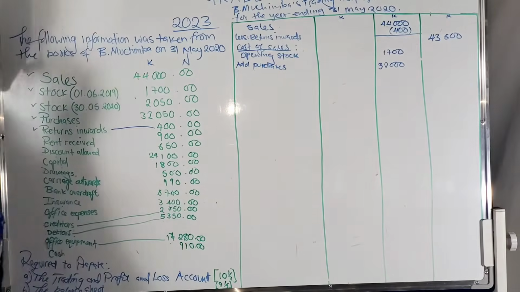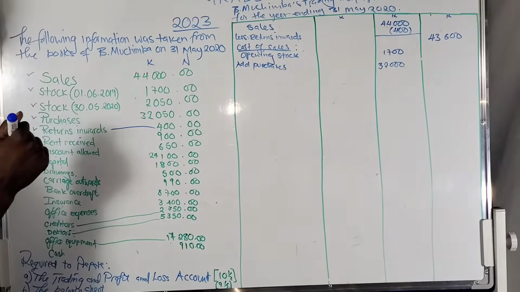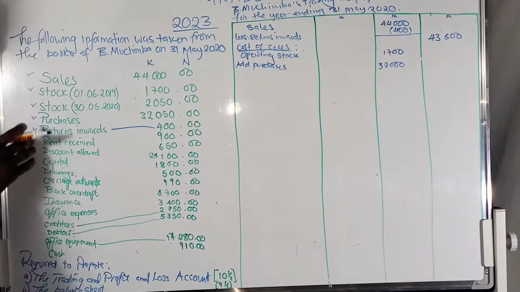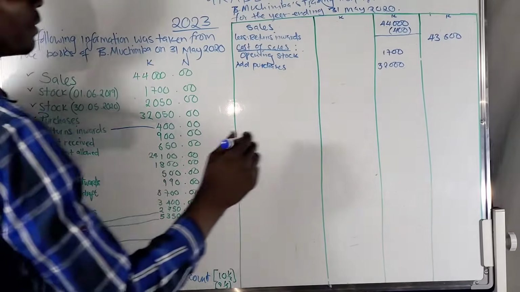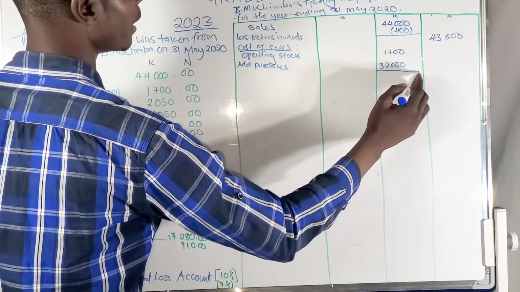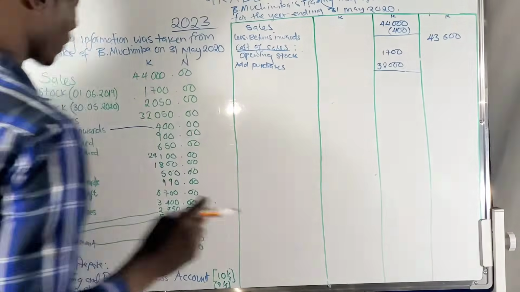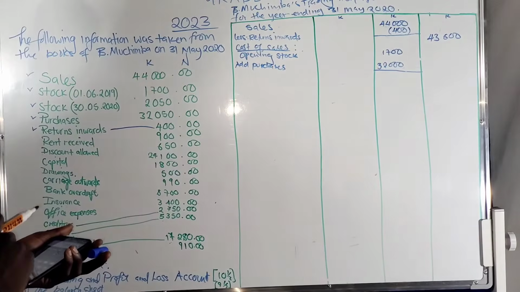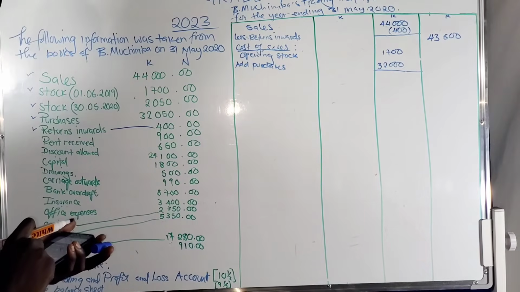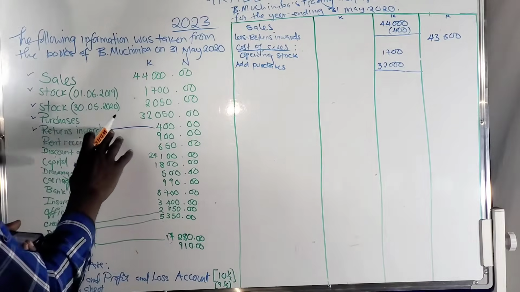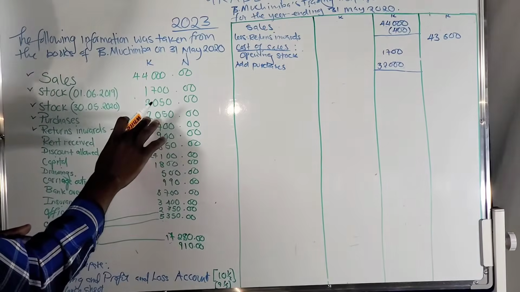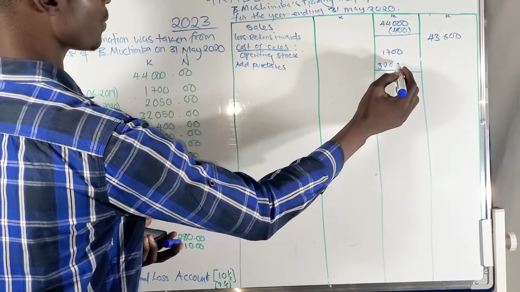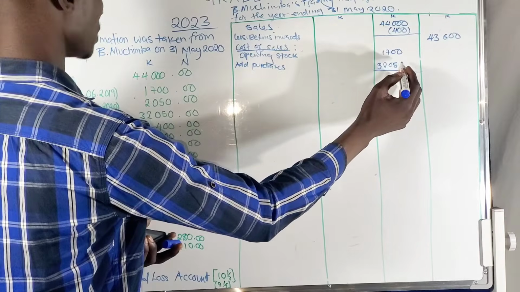Since we only have these two and we don't have returns outwards according to this question, the information given, we are going to close here. Then we're going to add the two. So when we add 1,700 plus 32,000, what is it? 32,050.